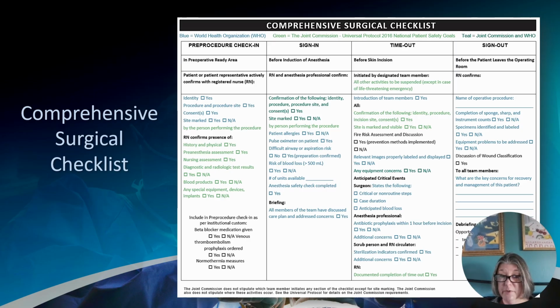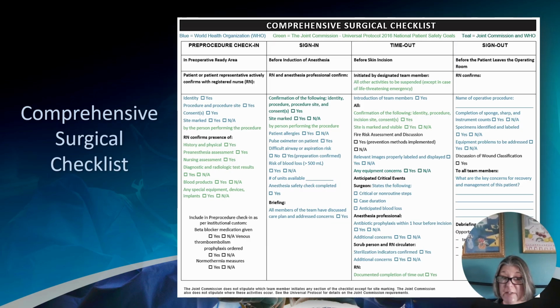AORN worked with Joint Commission and WHO to come up with this comprehensive surgical checklist. This is a checklist that follows the patient throughout their procedure. Okay, so this checklist starts in pre-op, follows them into intra-op.